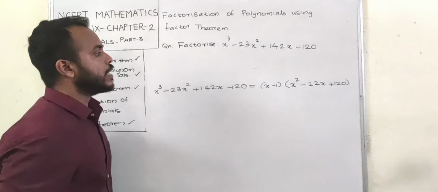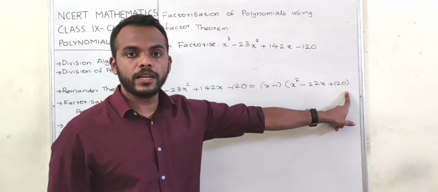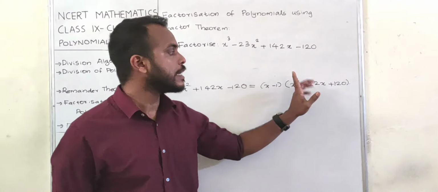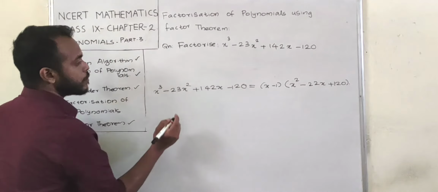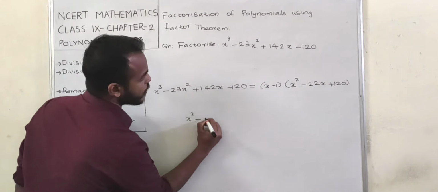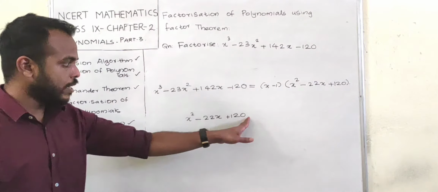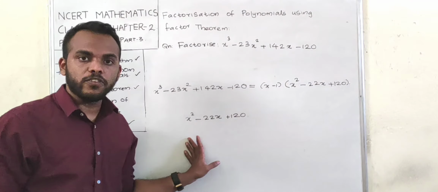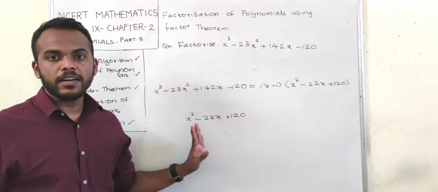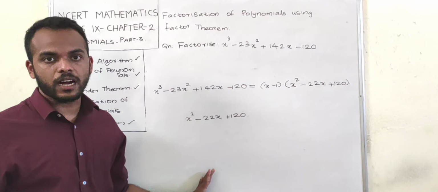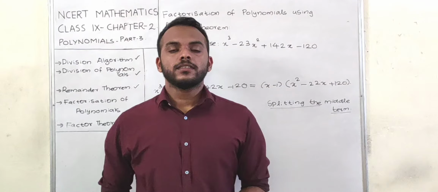Now we need to factorize this second degree polynomial into two first degree polynomials. To factorize this one, you can still follow the method of putting p of 1, p of 2, p of 3, etc. But it's a bit difficult task. So we use the method of splitting the middle term.